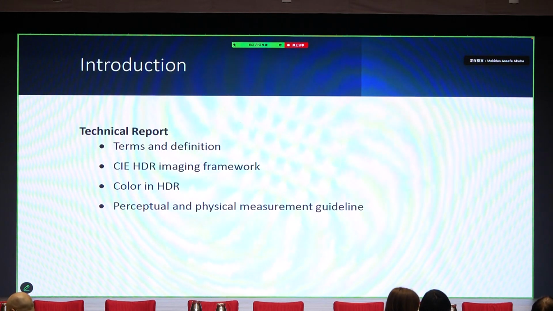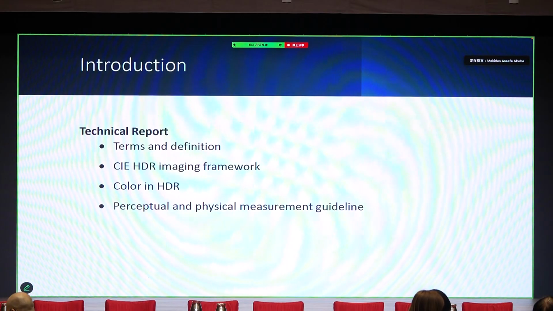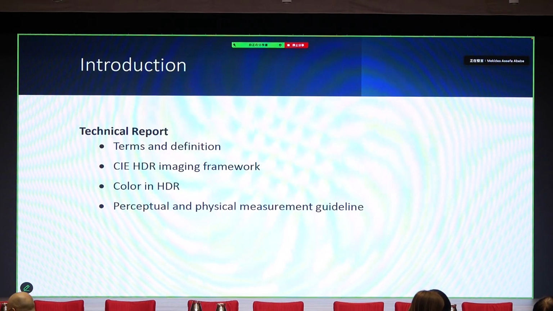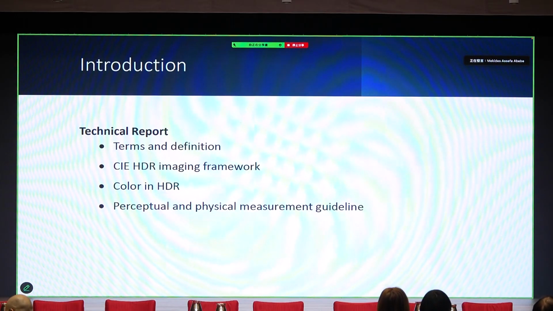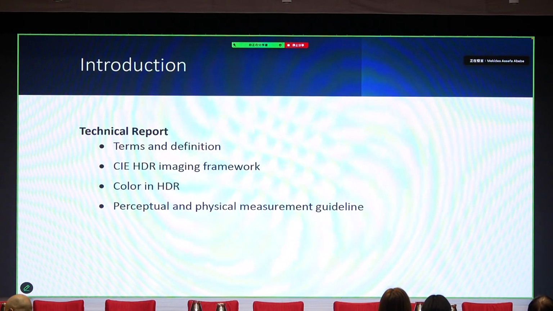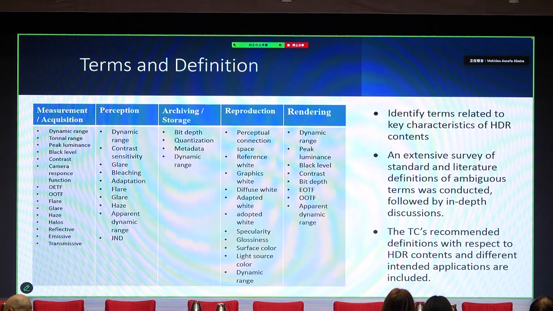After that, we will have a special, shorter section on how current works are addressing color in high dynamic range imaging in general. And then finally, the perceptual and physical measurements of the identified HDR characteristics will be covered, and recommendations will be given in this technical report.